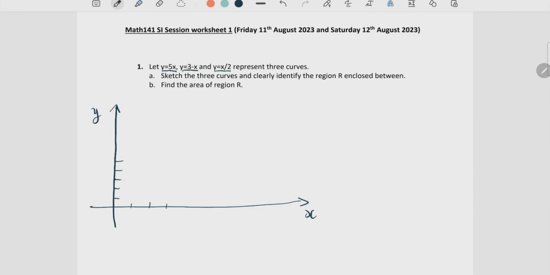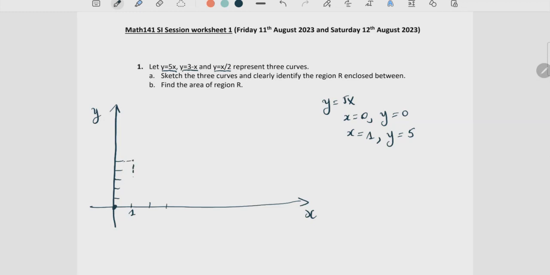So the first curve we have is y is equal to 5x. That means when x is equal to 0, y is equal to 0. And we need 2 points to draw the curve. So when x is equal to 1, y is equal to 5. So we have the origin as the first point, as well as when x is equal to 1, this is equal to 5.